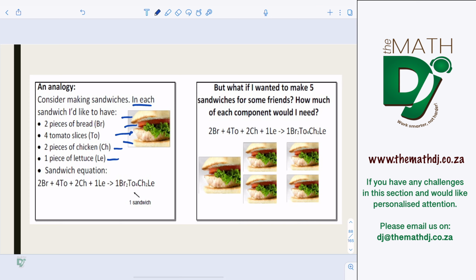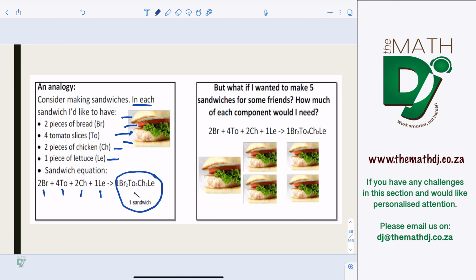So this is the equation: 2 bread, 4 tomatoes, 2 pieces of chicken, then 1 piece of lettuce. They combine to form a sandwich. So this is to form one sandwich.